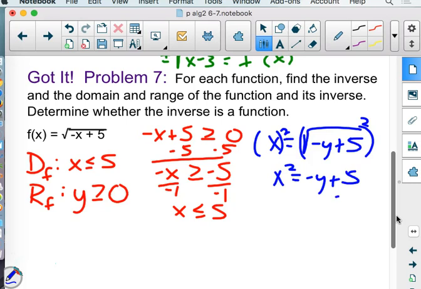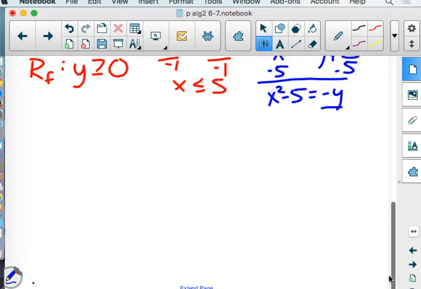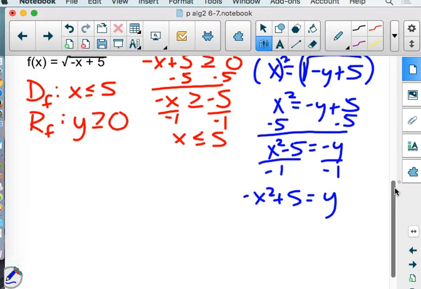Subtract 5. Divide by negative 1. That looks pretty good. Let's call it f inverse.